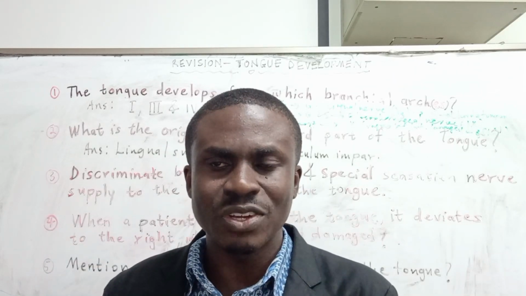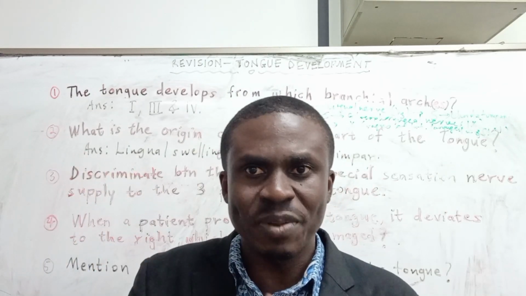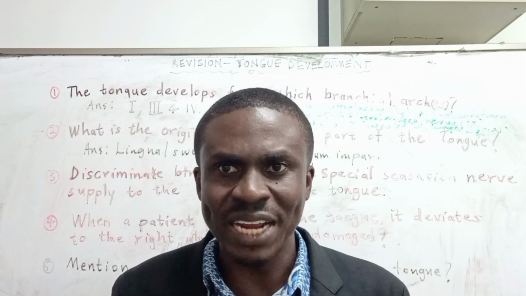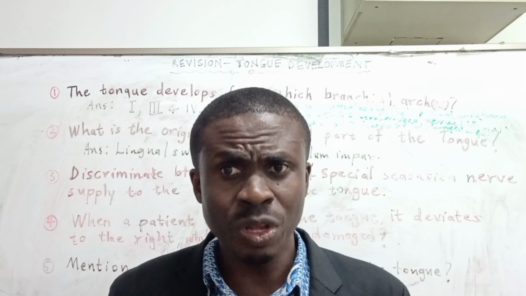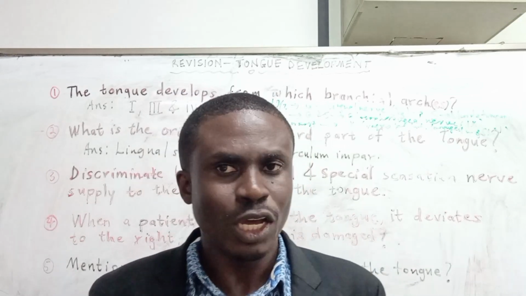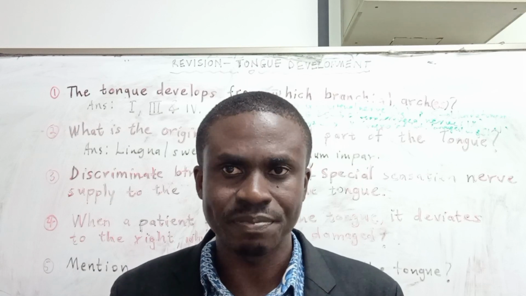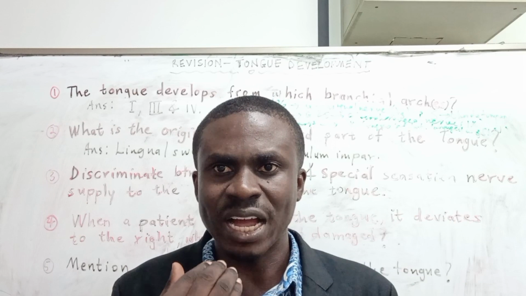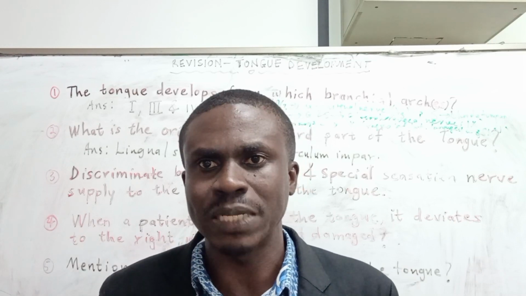Then we also have those ones which will have attachments apart from the tongue on another structure, like the hyoid bone, like the styloid process, like the palate. These are the things I'm talking about. So they become extrinsic muscles of the tongue. Those extrinsic muscles help change the position of the tongue. So protruding the tongue from the oral cavity, depressing it and what have you, that means you have changed the position of the tongue.